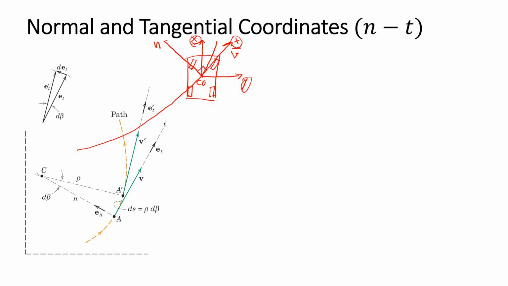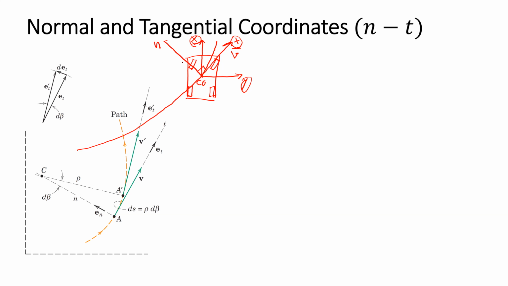With this, the velocity will only be in the t direction, and we're not going to have velocity in the n direction because it's normal to the velocity. With this description of the coordinate and this property, we can take some benefit from this coordinate.